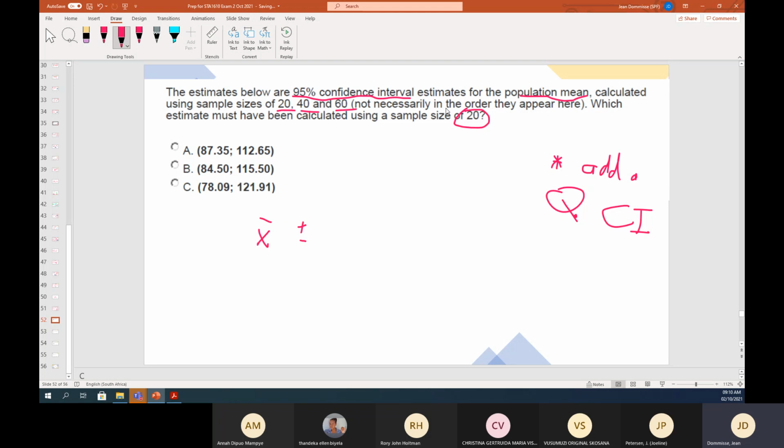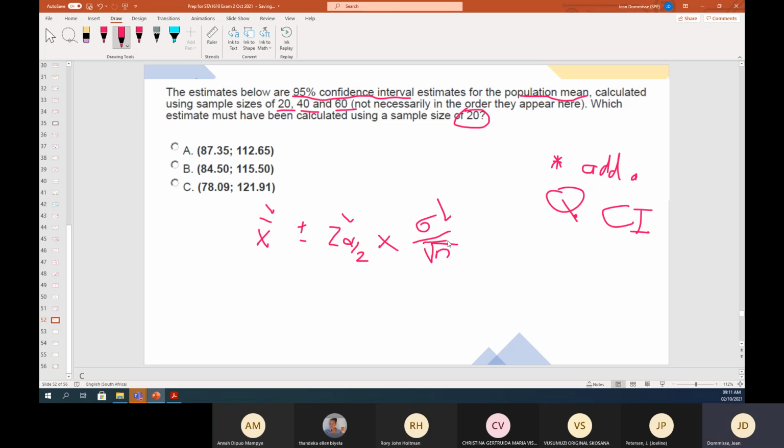We know the population mean, plus minus the critical value times the standard deviation divided by the square root of n.